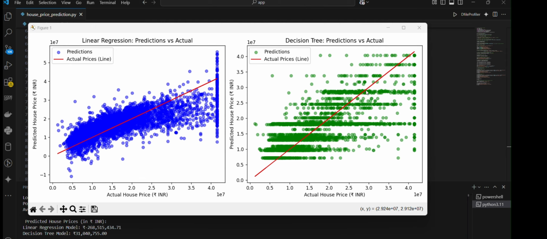And in the decision tree, the dots are scattered, and fewer points are on the red line, which indicates that the prediction versus actual prices were less efficient.